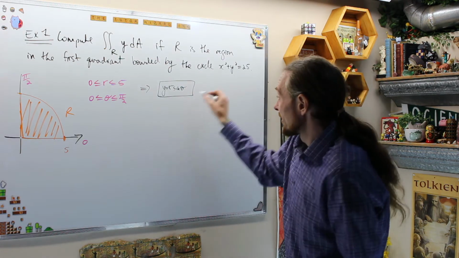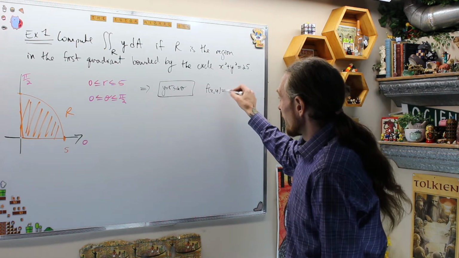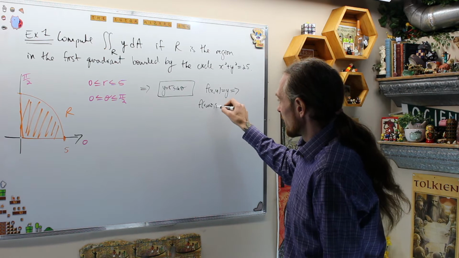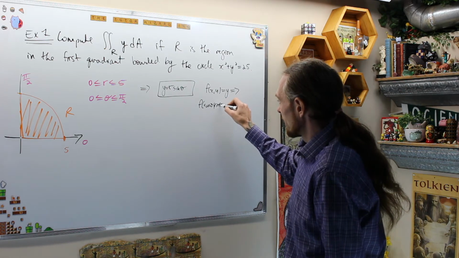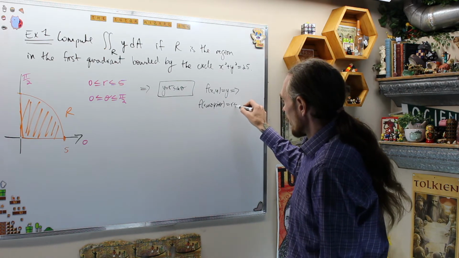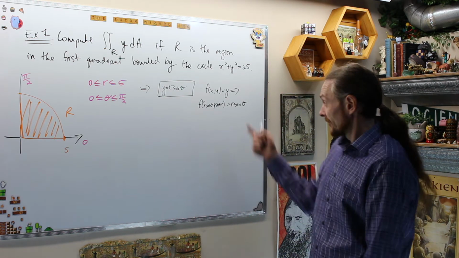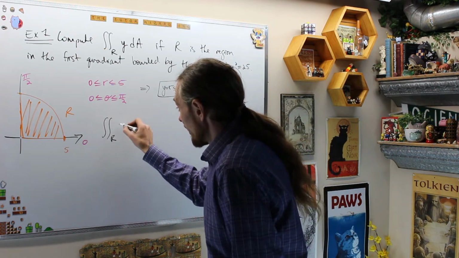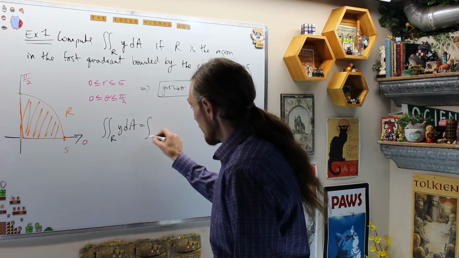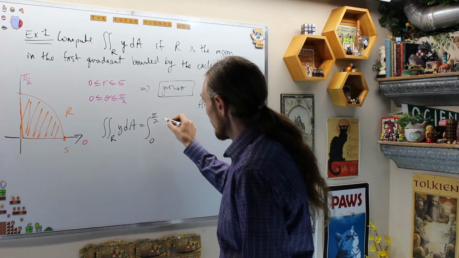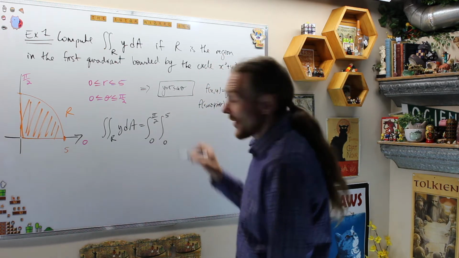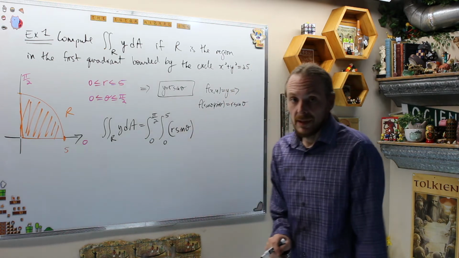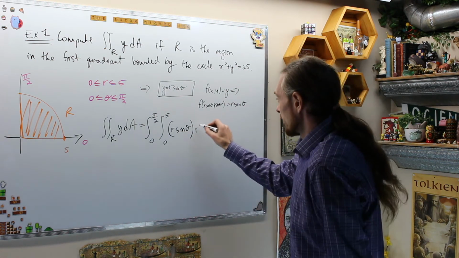That's my function. f of x, y is y, and that says f of r cos theta, r sin theta is equal to r sin theta, just y. That's what our function looks like now. Therefore, the double integral over the region of y is equal to the integral from 0 to pi over 2, the integral from 0 to 5 of our function now, r sin theta, r dr d theta.